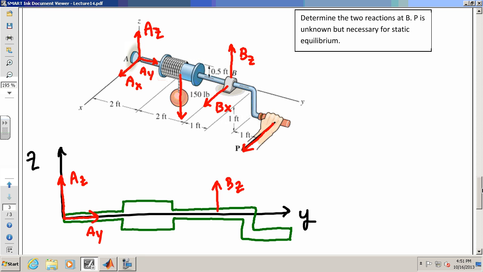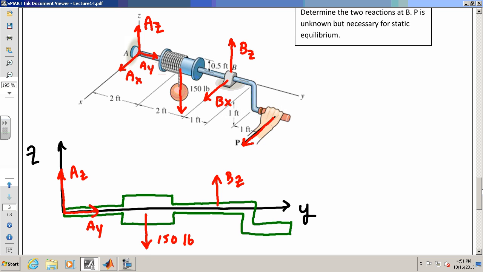There's a force around here, 150 pounds. Are there any other forces I have forgotten, or is that it? Remember, you don't see x-direction forces, so you don't write AX or BX, because essentially they would be just dots in this picture, coming right out of the page.